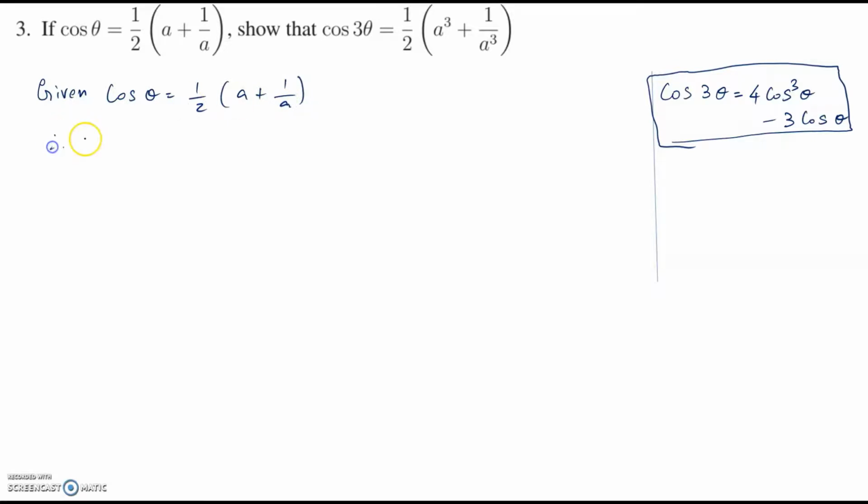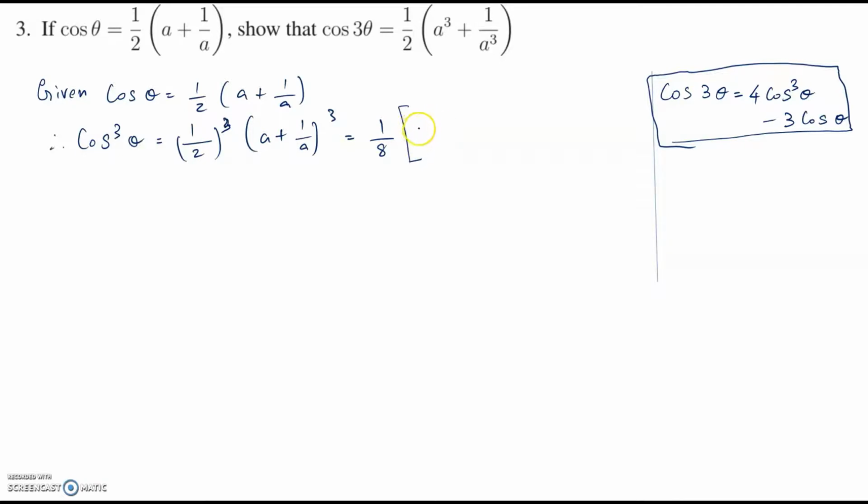Therefore, cos cube theta is equal to 1 by 2 cube into a plus 1 by a the whole cube, and that's equal to 1 by 8 into a plus b the whole cube, which will be a cube plus b cube plus 3ab into a plus b.